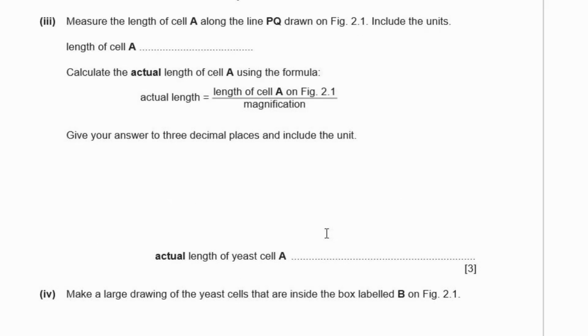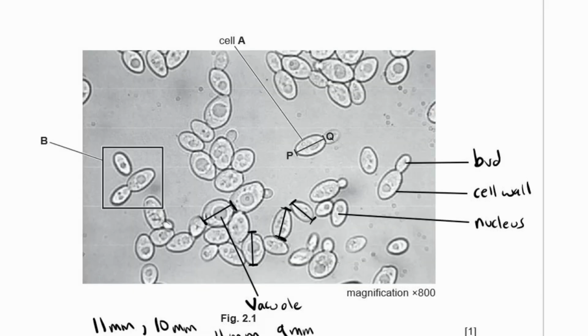3. Measure the length of cell A along the line PQ, drawn on figure 2.1, and include the units. Cell A, I measured that using my ruler to be 11 millimeters. But the mark scheme says it is 12 millimeters. And that's because I printed mine out on a slightly different scale to what is given out in the exams.